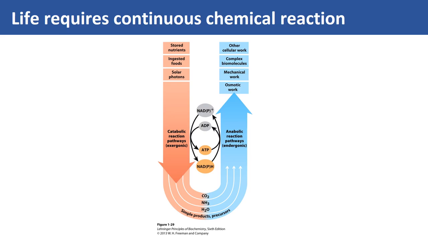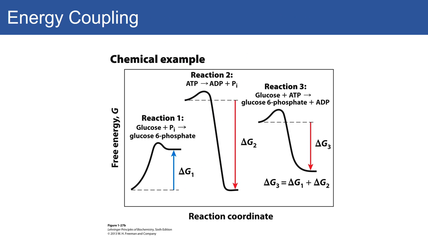And you might ask, well, why? That's because we can couple reactions. So if we have a delta G prime or delta G that's positive, and we need to get to one that's negative, we can couple the two. And if we couple the two, they're additive. All of a sudden, we have an energetically favorable reaction.